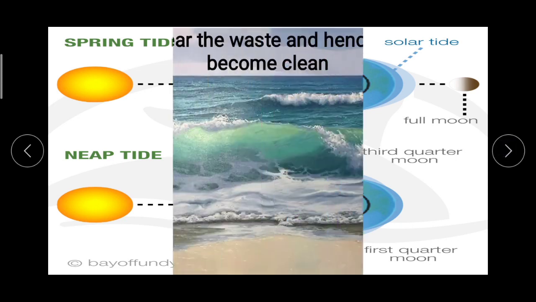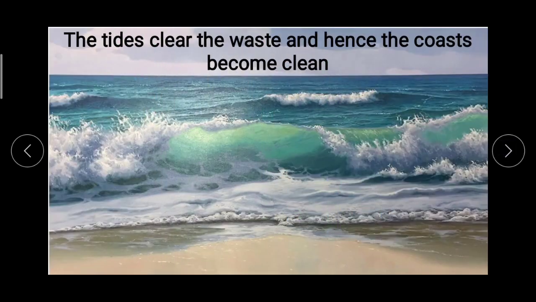Next point, effects of tides. The tides clear the waste and hence the coasts become clean. This is an important effect of the tides, which naturally cleans the coast.